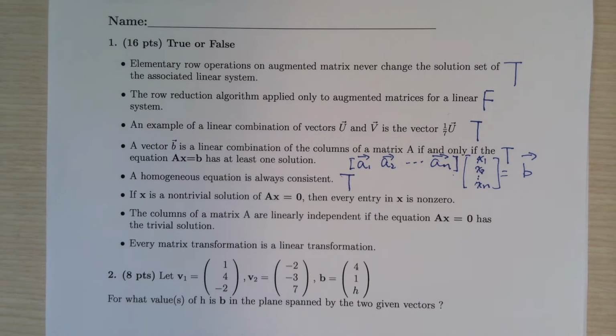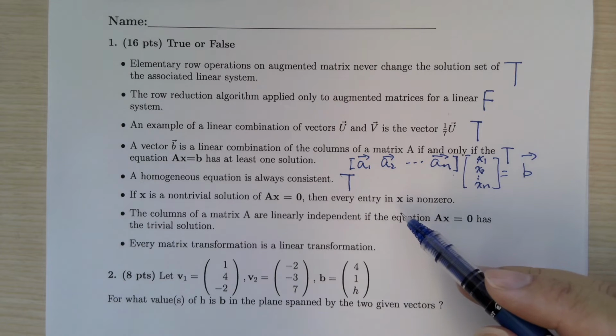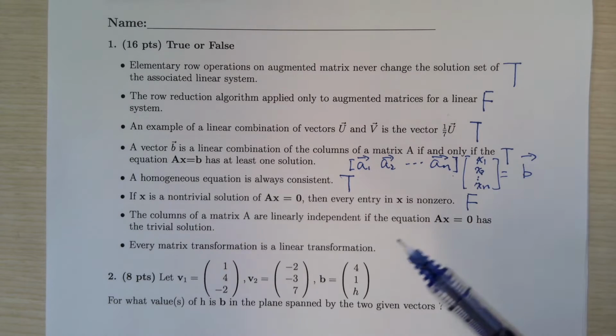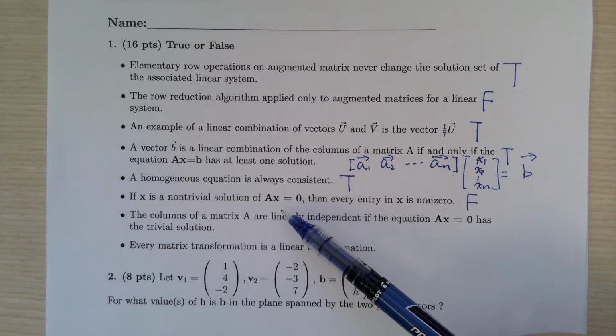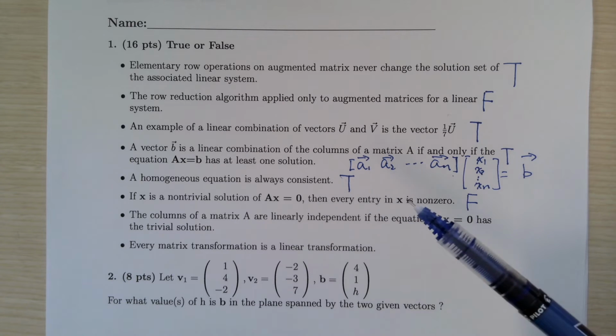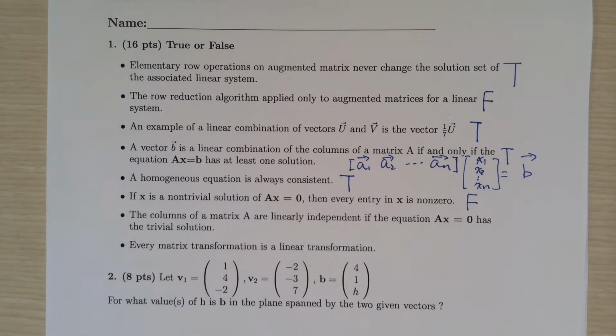So that's true. Next one, if x is a non-trivial solution of Ax equals 0, then every entry of x is non-zero. This is not true. Okay. So even if this is a non-trivial solution, we don't have any restriction on every entry in x, as long as at least one of the entries is non-zero.